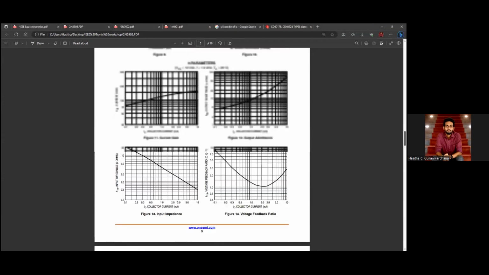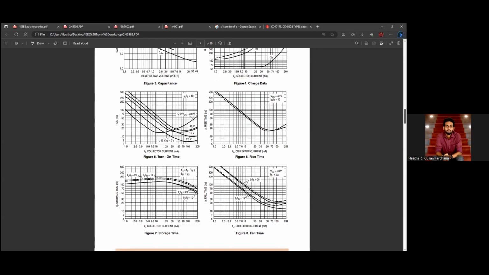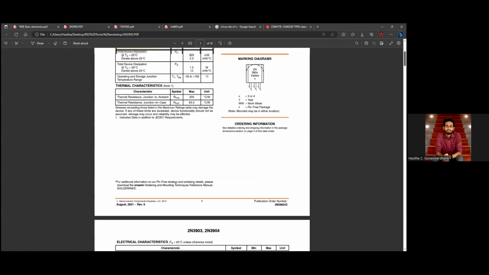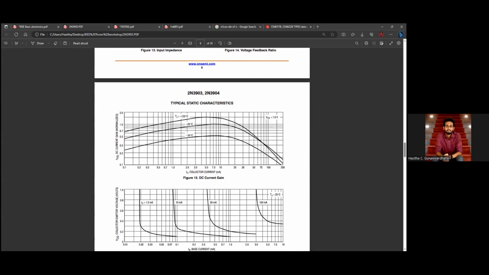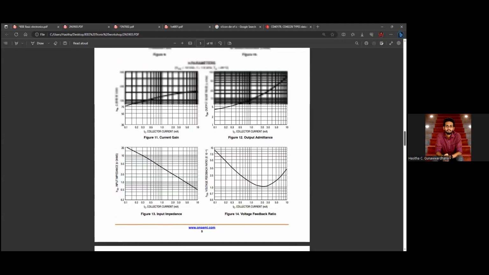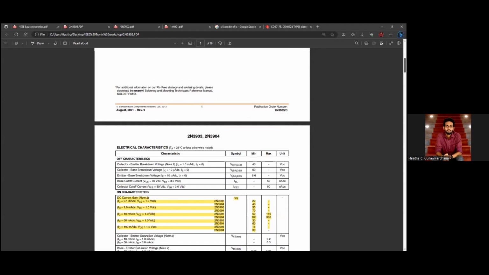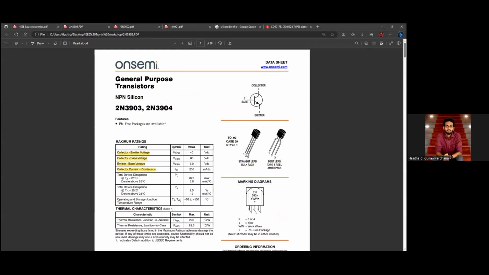For a basic circuit, we don't need those things. The graphs are very useful if we are building a very reliable, good amplifier. For a basic task, we have to consider these parameters. The first one is collector current continuous. This is given as 2 milliamperes to 200 milliamperes for this transistor.